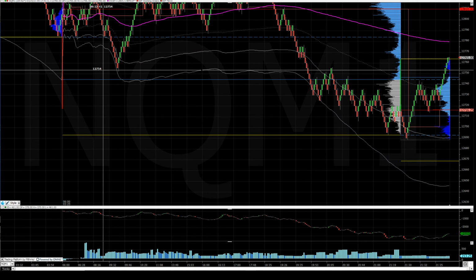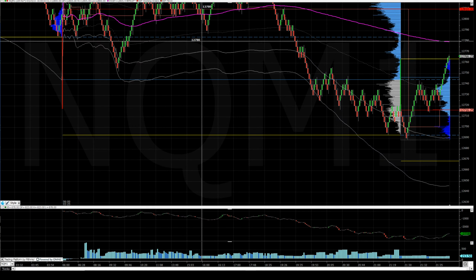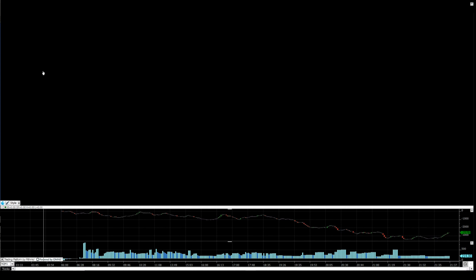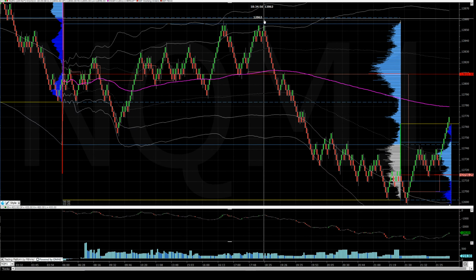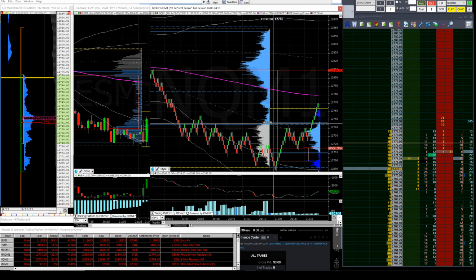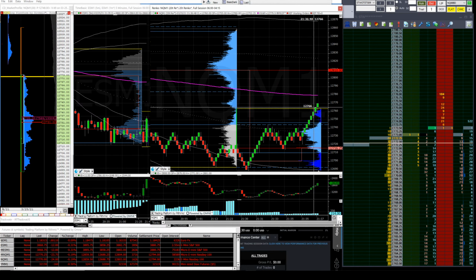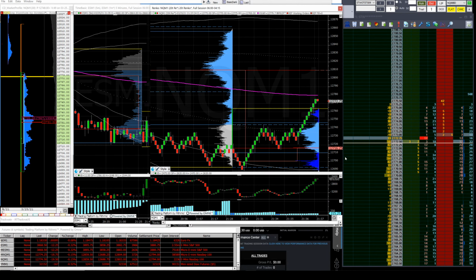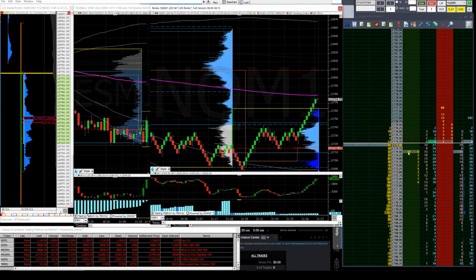This is the Globex session. Here's the value area low, or range low, sorry, from the pit. I'd say they're going to take it to VWAP myself. Yeah, gotta remember to turn that thing on.